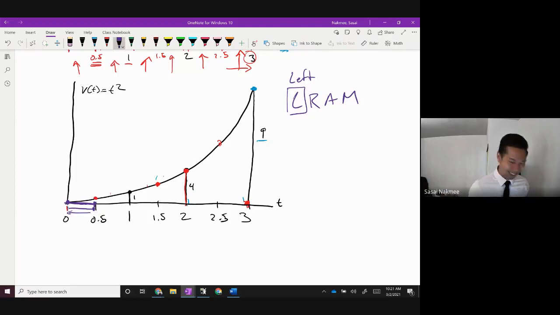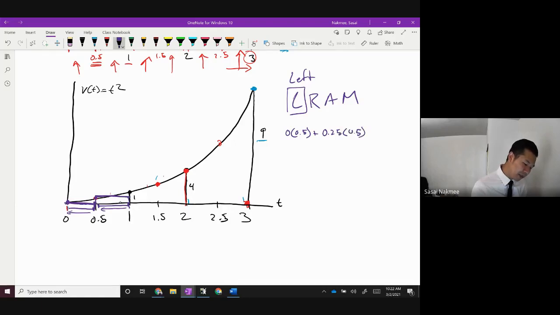You see that? So that's going to be 0 times a base of 0.5. And then this right here is the next base from here to here. And again, I'm looking at the left value, which gives me a height of 0.5 squared, which is 0.25 times 0.5, right?